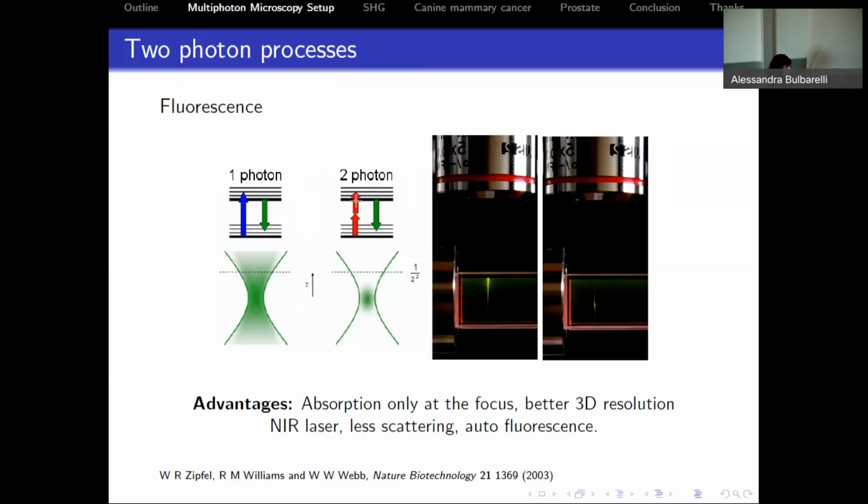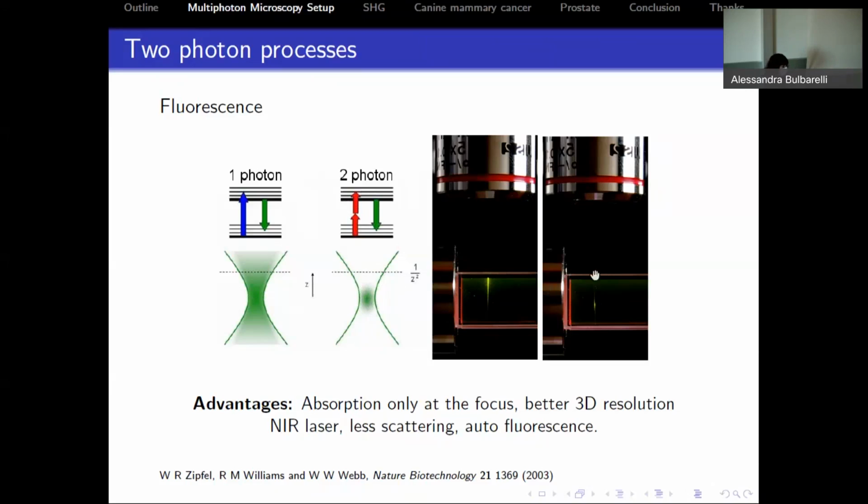The material absorbs 2 photons at the same time. It makes the same transition, and then it fluoresces. With that, the process depends on the square of the intensity of the laser field, and so it happens just in this very tight part of the focus.